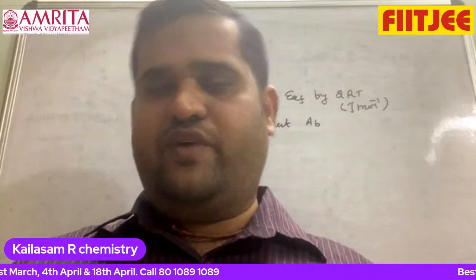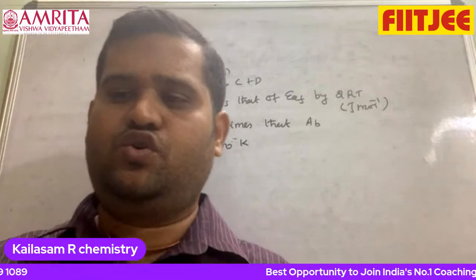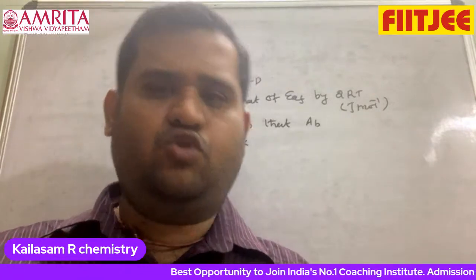So how do we find delta G naught at 300 Kelvin? How to find it?